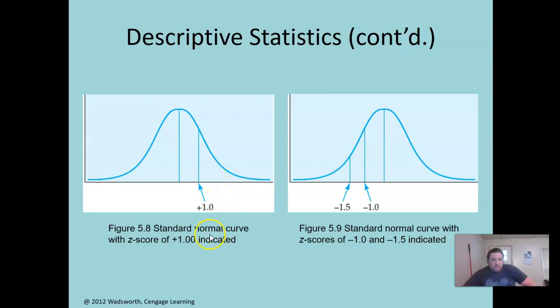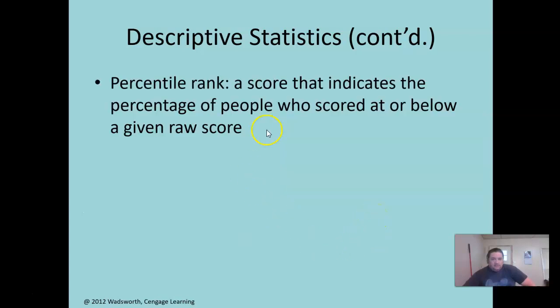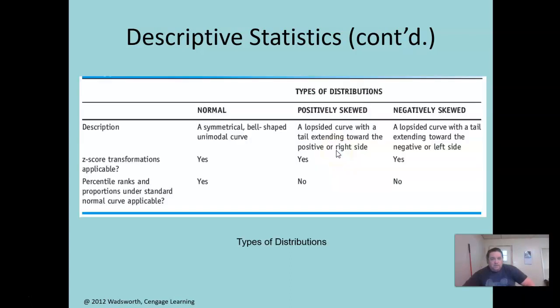One standard normal curve, z-score of 1. Figure 5.9, standard normal curve with z-scores of -1.0 and -1.5. So over here. The percentile rank is a score that indicates the percentage of people who scored at or below a given raw score. So important to remember, at or below, okay?